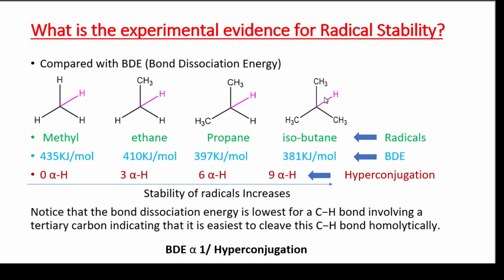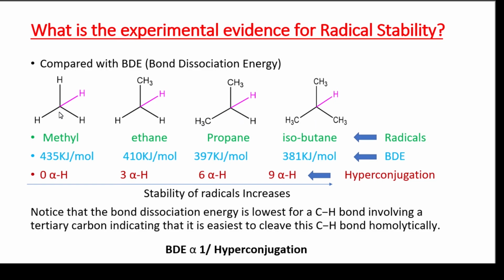When we break this bond by homolytic cleavage, this CH bond requires 381 kilojoules per mole bond dissociation energy. And this bond requires how much energy? 435. So from methane to isobutane, the bond dissociation energy is decreasing: 435, 410, 397, 381.